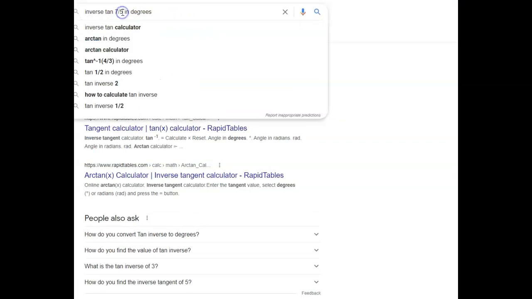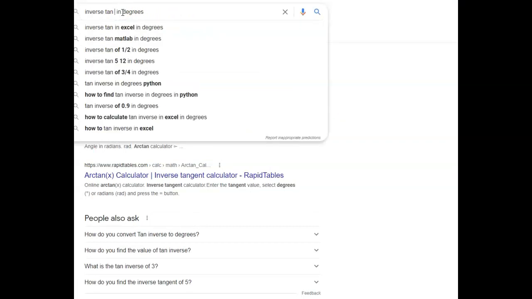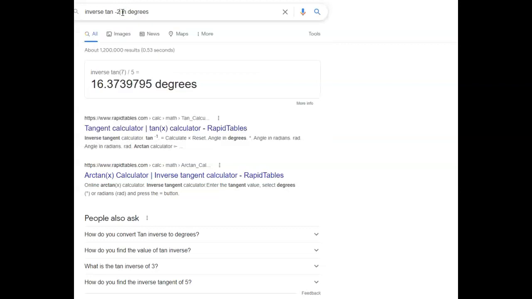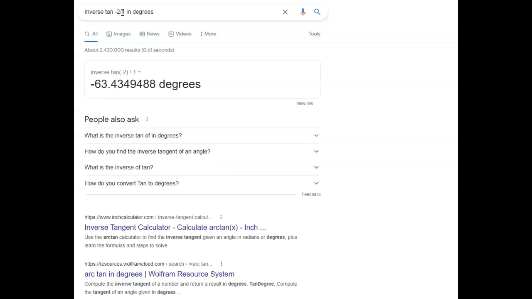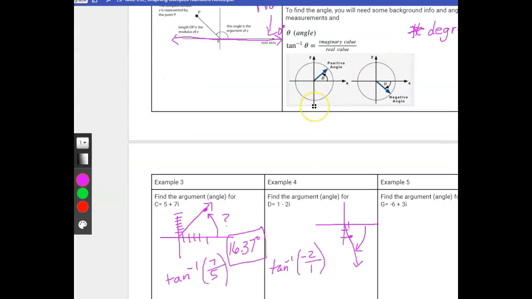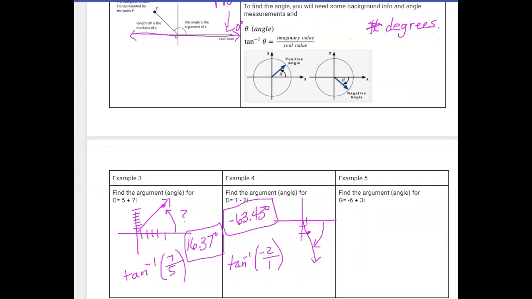Okay, and I'm just going to do this. So negative 2 divided by 1. And look, see, it's negative 63.43. And that makes sense. So even if you don't have your own calculator, just make sure you tell it what to do, like you saw me type in.